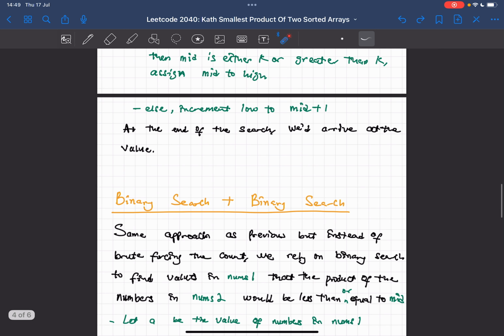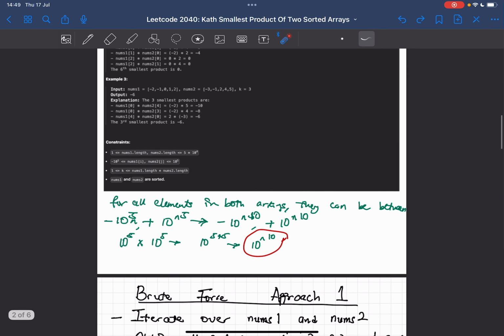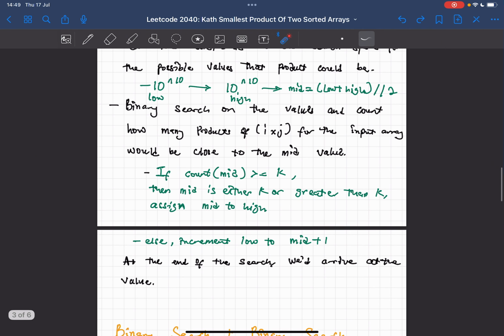Once you've obtained your mid value, you then use binary search again on one of the input values, because remember our inputs are sorted in ascending order. We can basically use binary search to figure out what the mid value is.